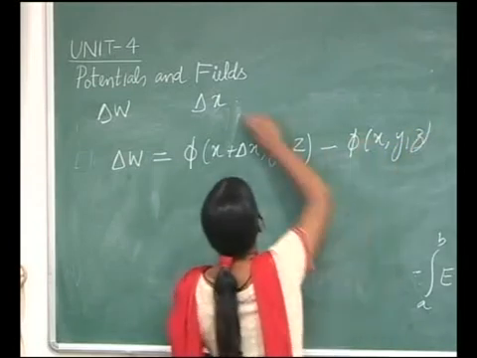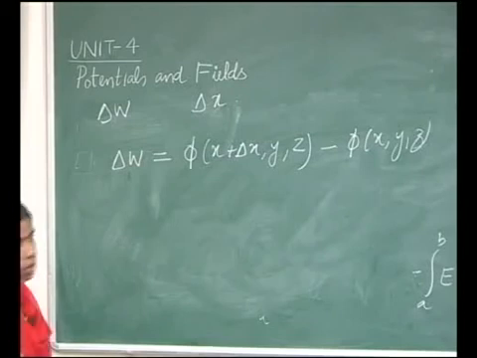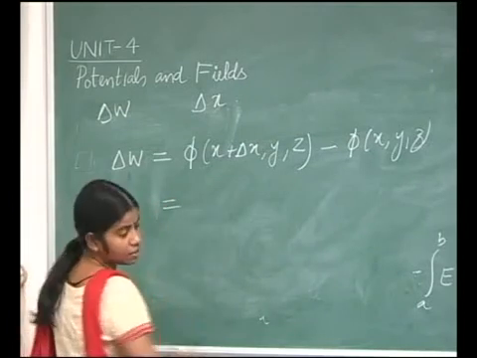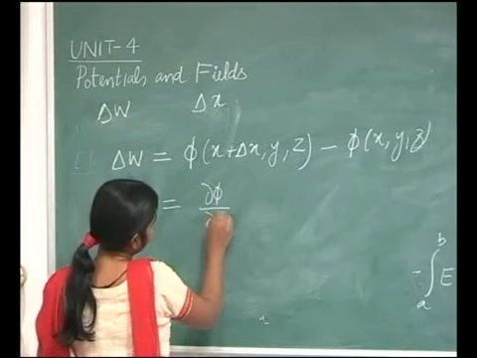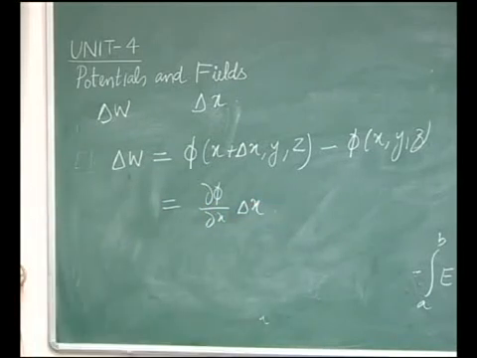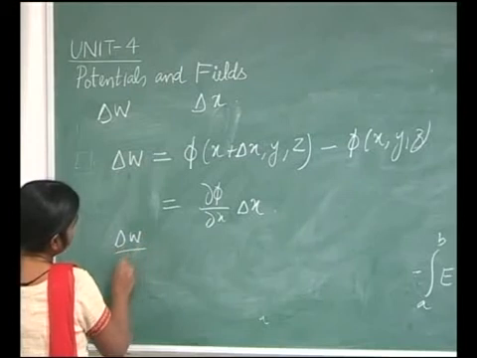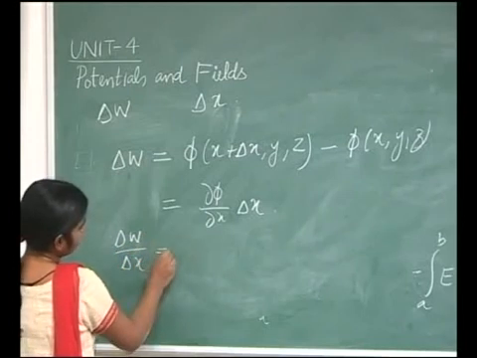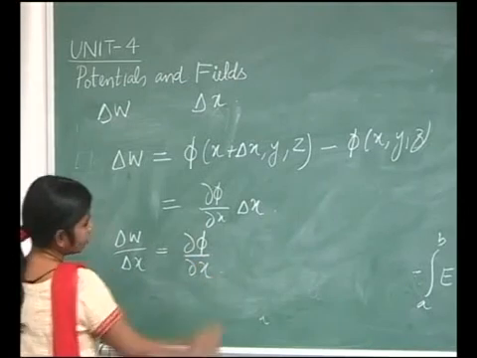So, now my path is delta x. Is it okay? So, I can write this as del phi by del x into delta x. Or I can write that delta W by delta x is equal to del phi by del x.